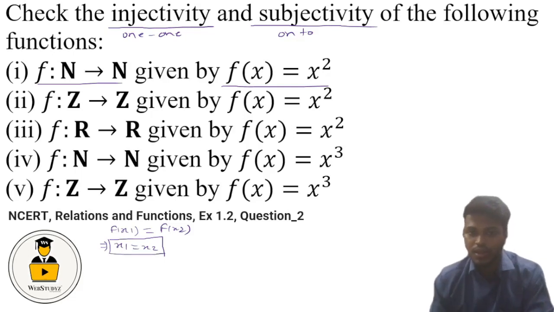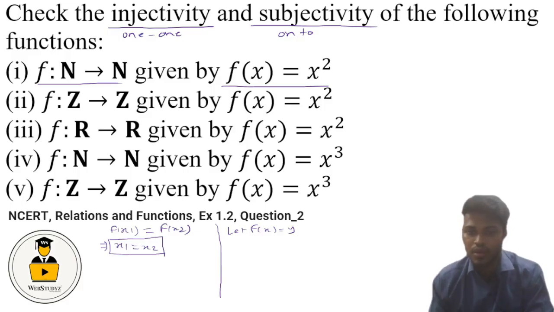Similarly, for surjectivity or an onto function, we assume that f of x equals a value y which belongs to the codomain.